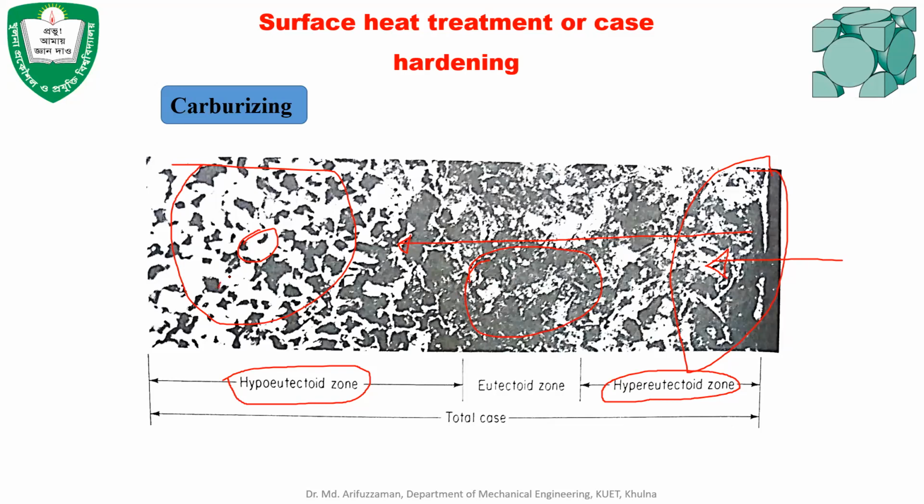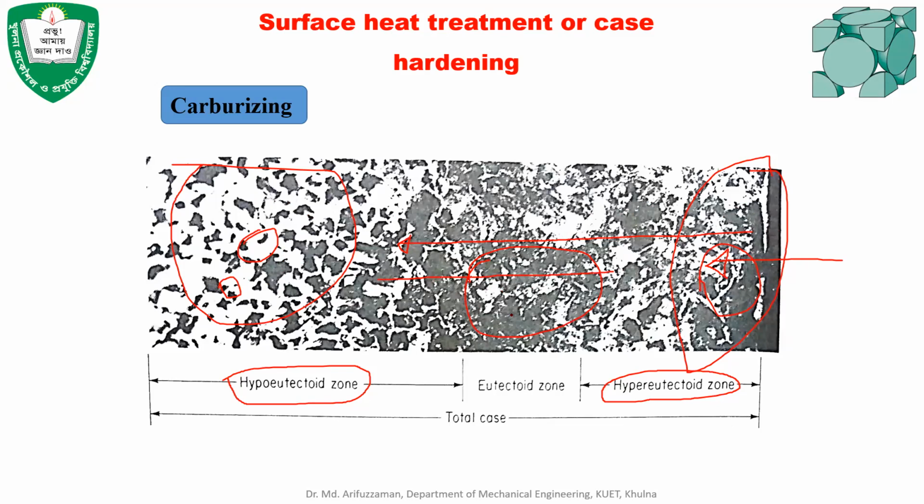In the inner core, it will be the same as the initial material. That means that without carburizing, the material has the structure or carbon content that it had originally. So when carburizing occurs, carbon atoms diffuse from the surface, and the surface will have a large amount of carbon, and then the carbon content will start to decrease as you move towards the inner side of the material.